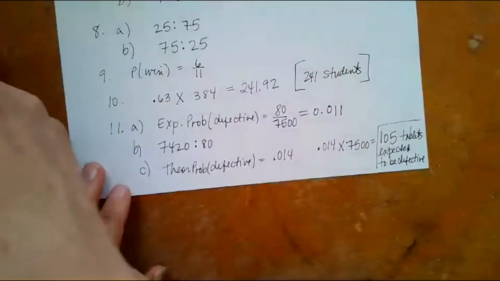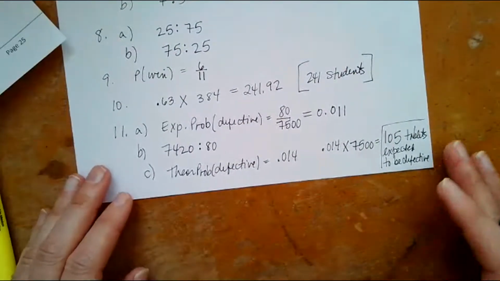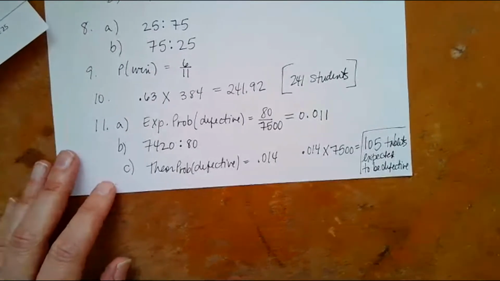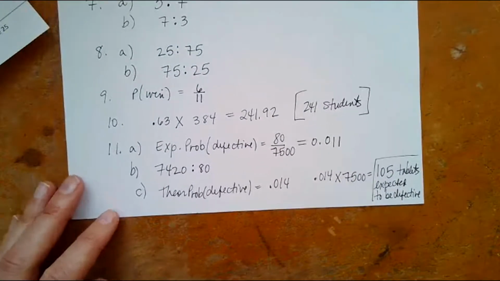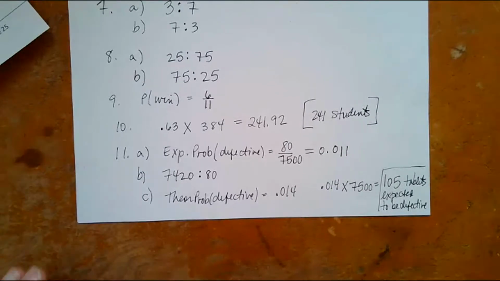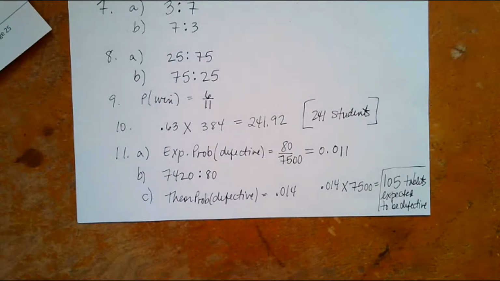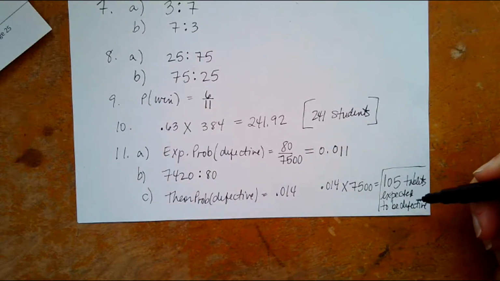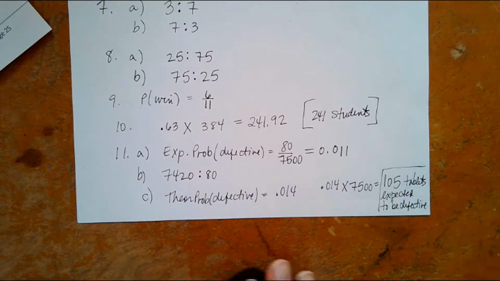So I would say that this company is actually doing pretty good, right? For quality standards, because 25 tablets, in addition to the 80, 25 more tablets were supposed to be defective according to their tests. So actually they're doing quite well.